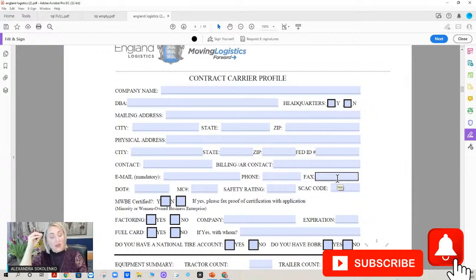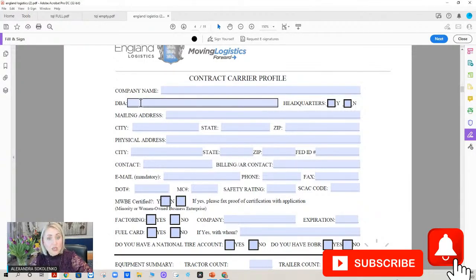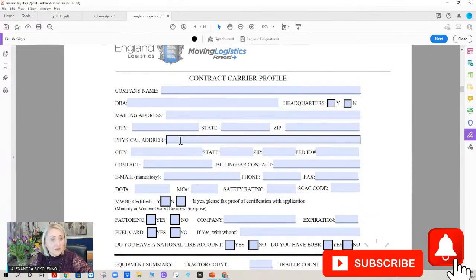You're going to have saved pages separately, MC, COI, W9, and NOA separately for each carrier, so you can do this faster. Again, what are you guys going to do? Name of the company. If you have DBA, you're going to answer. Headquarters, yes or no. Mailing address for whom? For your carrier. Physical address. If it's the same, then it's going to be the same.